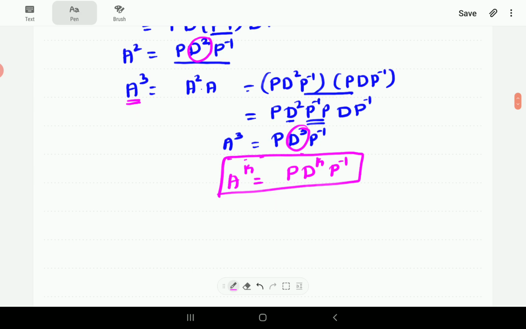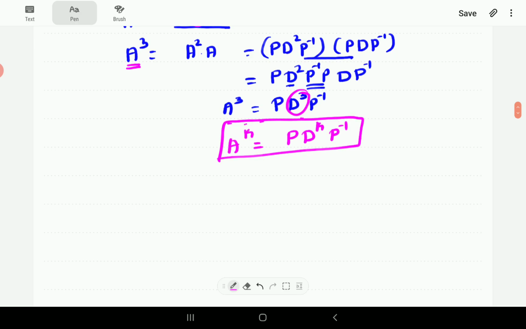That becomes quite easy using the diagonalization process. So this is one of the interesting properties.